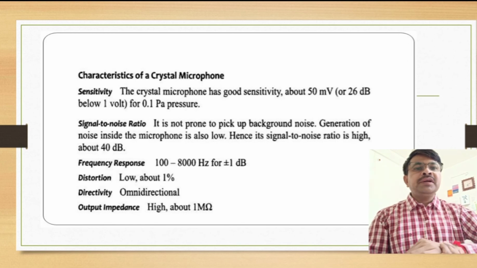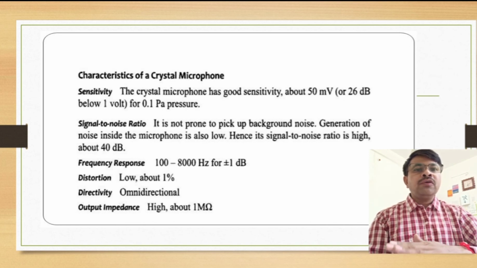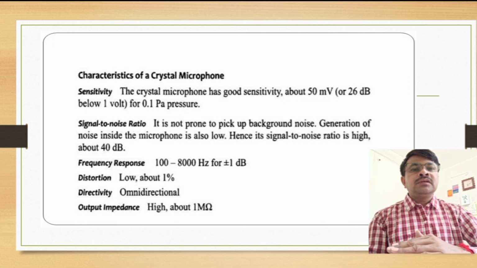According to the mechanical pressures and vibrations, the induced voltage is produced at the output. These are some important characteristics of the crystal microphone. First is sensitivity. It is the output voltage of the crystal microphone and it is 50 millivolt. It is good as compared to the ribbon microphone. Signal to noise ratio. It is 40 dB, meaning it is high. Generally, noise can be reduced by this ratio. Frequency response.